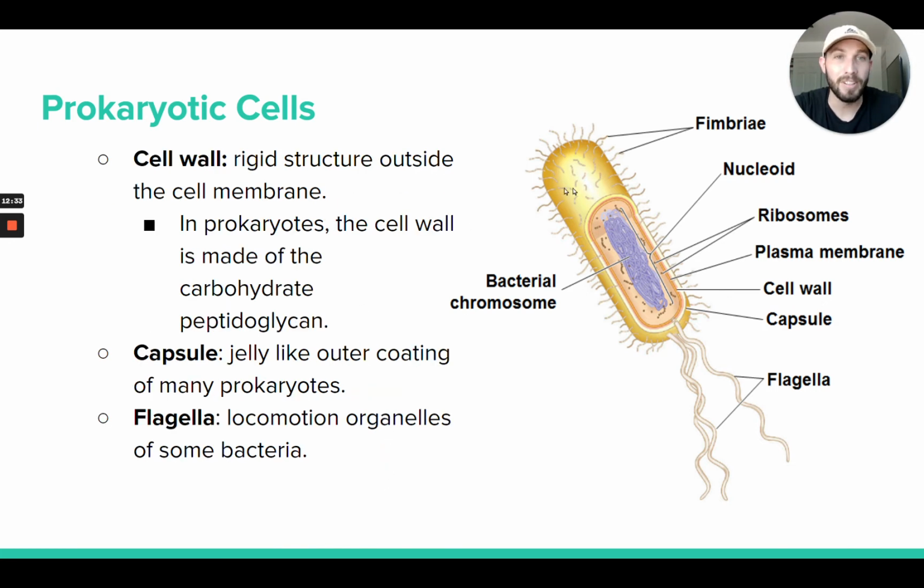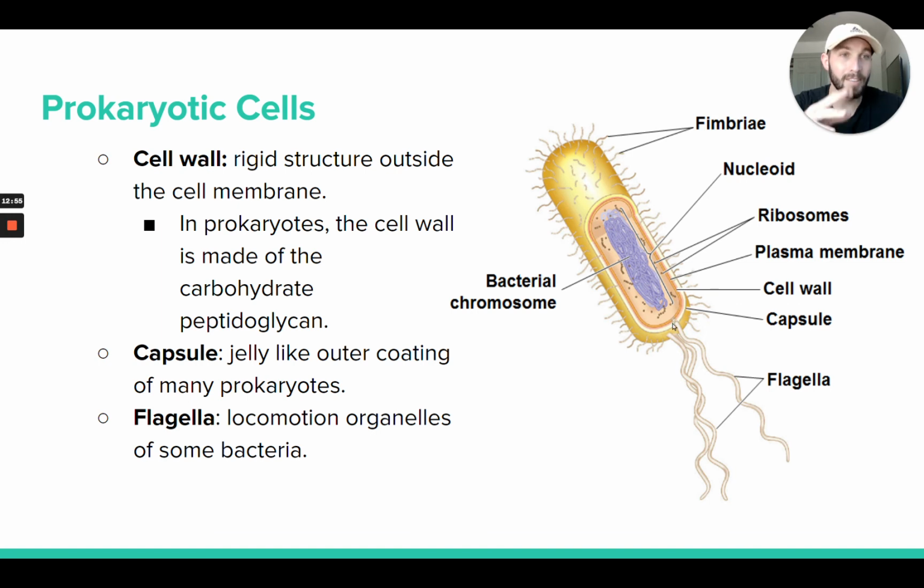And then you'll see some other stuff on here. Prokaryotic cells always have a cell wall, which is a structure surrounding the cell membrane. If you look closely at this picture, there are kind of 3 layers on the outside. The inside layer is the plasma membrane, which is where this is pointing to. Outside of that is the cell wall, which you can barely see in this picture.